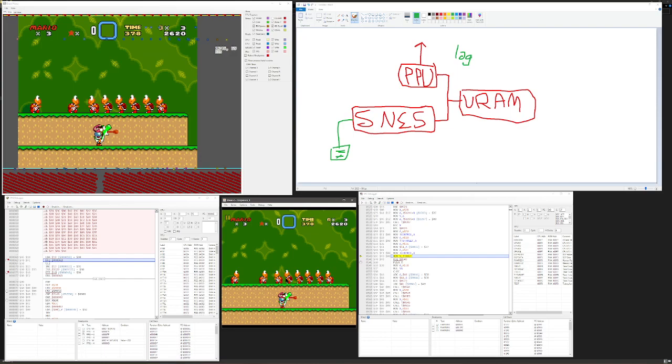Now, you might think, so that's how lag frames work. That's why they happen. And here's why there's certain things, at least when it comes to Super Mario World speedruns, where you can't say that doing something will cause a lag frame.